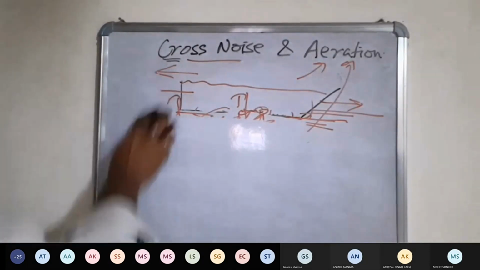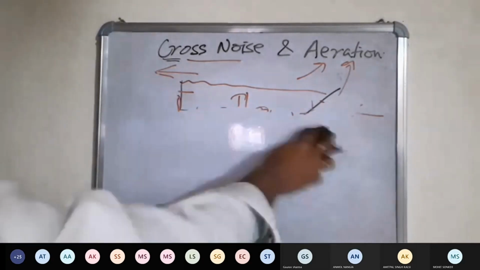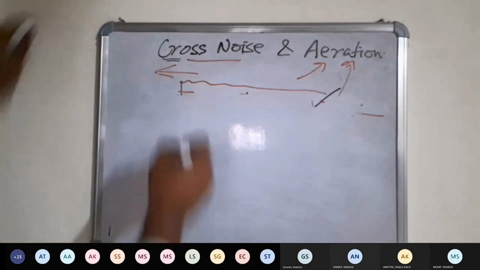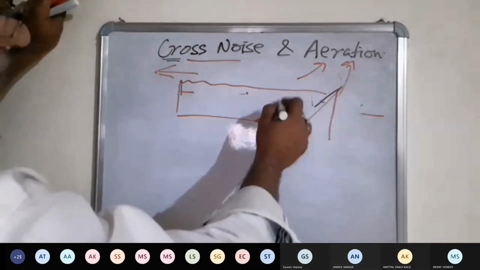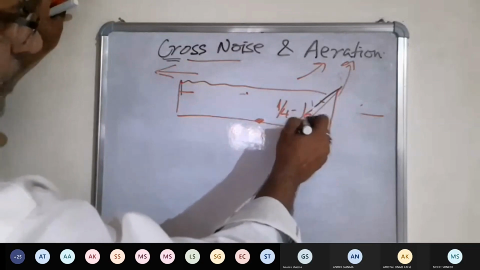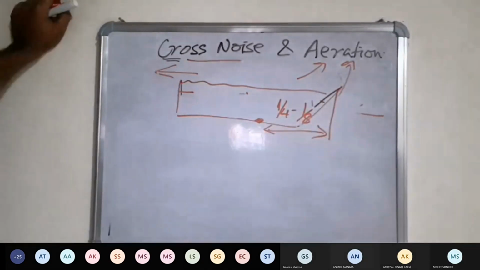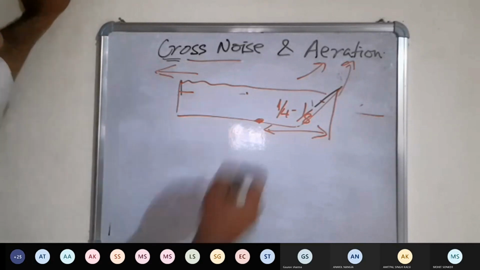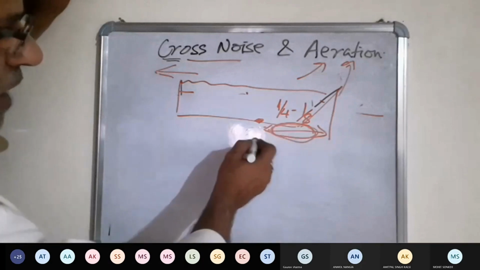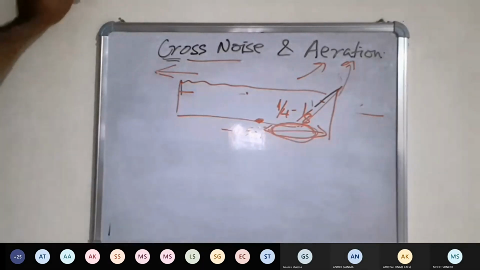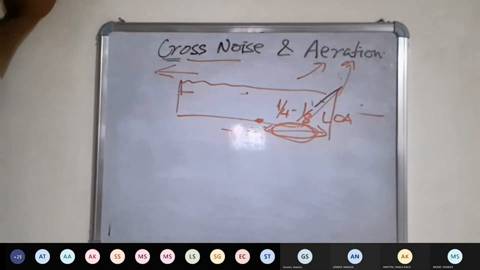We place the transducer at a place where there is least amount of air bubbles expected. इसीलिए कुछ यहाँ पे something like 1/4 to 1/8 length from the bow is where it is placed, where the air bubbles will be dissipating in this area और यहाँ पे आके थोड़ा हल्का होगा. So this is what is cross noise and aeration.